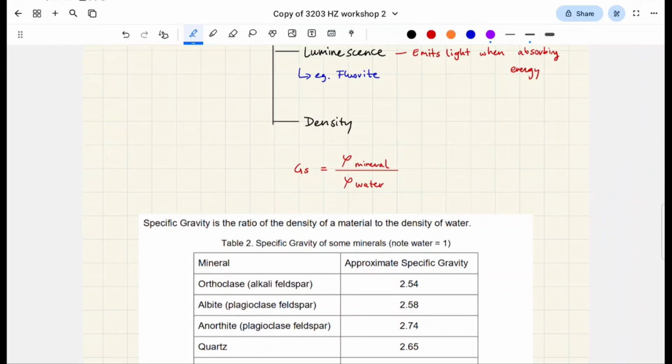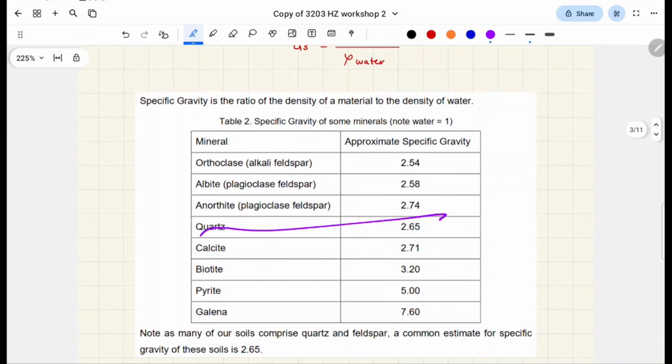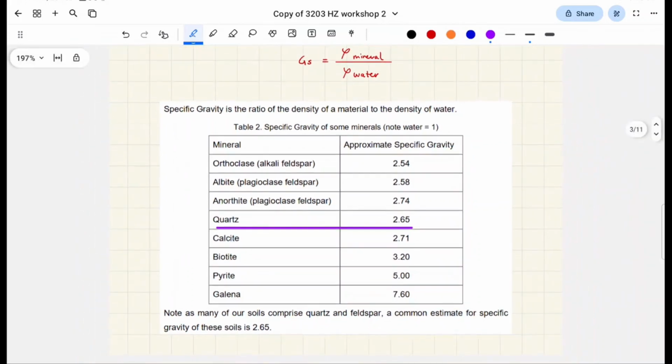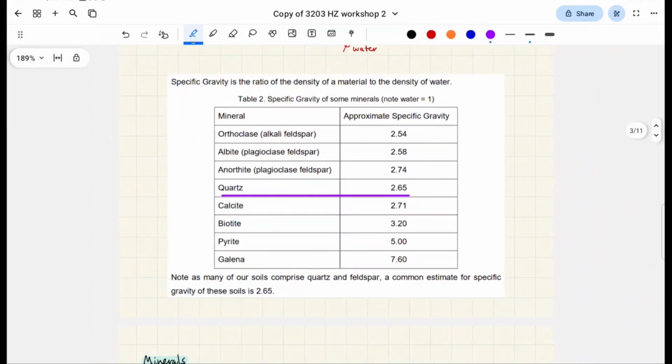So quartz sand, for example, I remember this number, 2.65. That's because it's 2.65 times heavier than water, basically, right? Yep. Here they write that quartz and feldspar, all these various feldspars, average out to be about 2.65 as well.